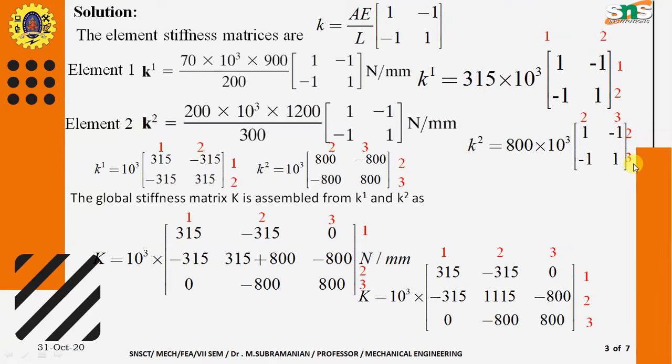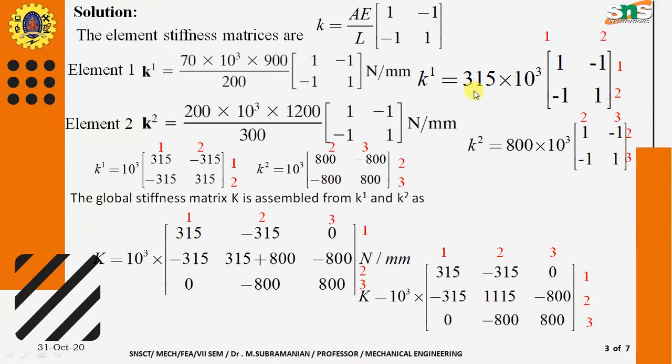Columns and rows we have to indicate in the final stiffness matrix equation. Then for the element stiffness matrices of element 1 and element 2, the common constant value is 10 power 3, which we can take outside of the matrix.